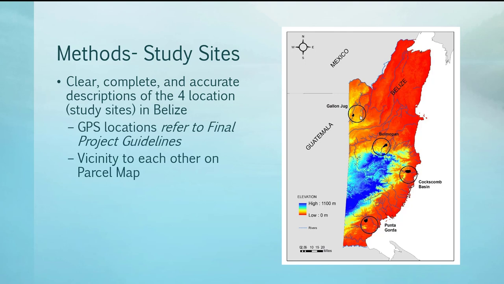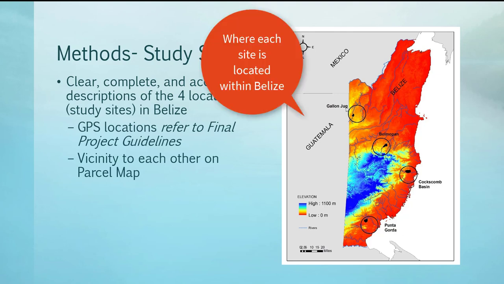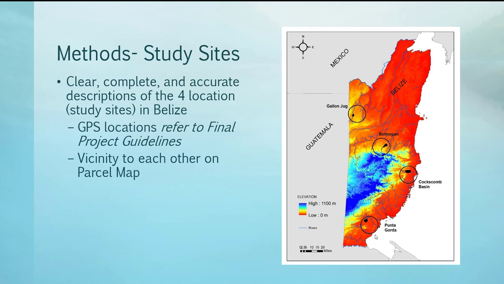And you'll notice it gives us a lot of information without even looking at any plant data or bird species data. So for one thing, I can see, here's our country of Belize. I can see right away that Galanjug is located in the northeastern corner. Punta Gorta is located in the southern area, right along or near the coastline. Belmopan is kind of right in the middle.